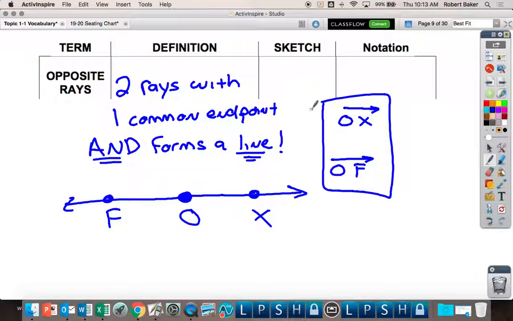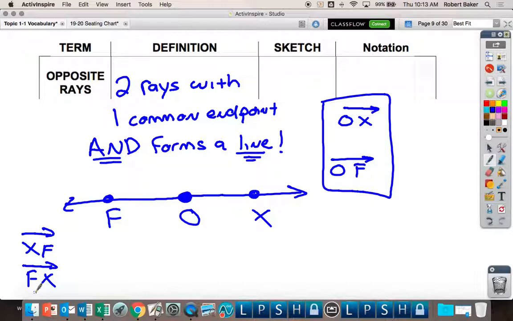A lot of you guys will mistakenly put that they'll try and say that those are opposite rays. And it makes sense what you're doing.